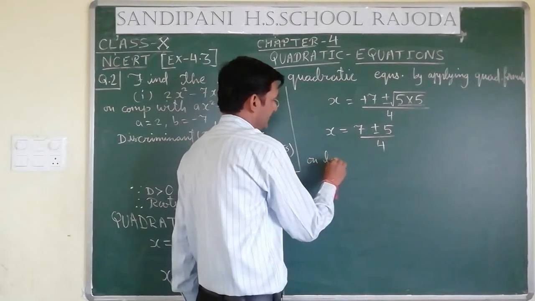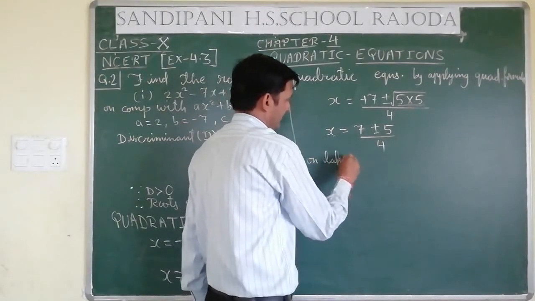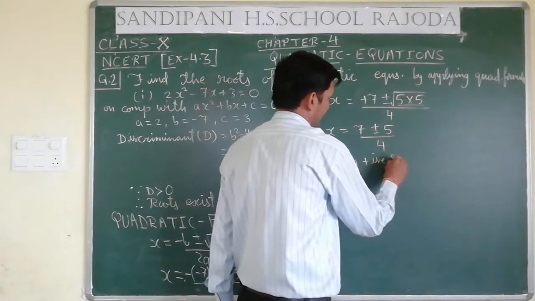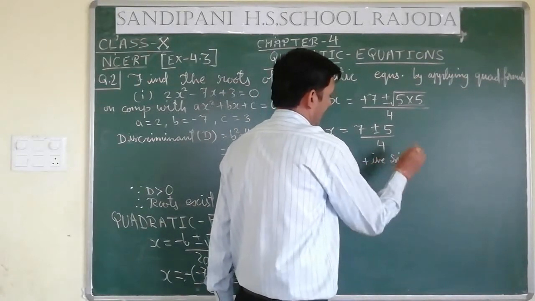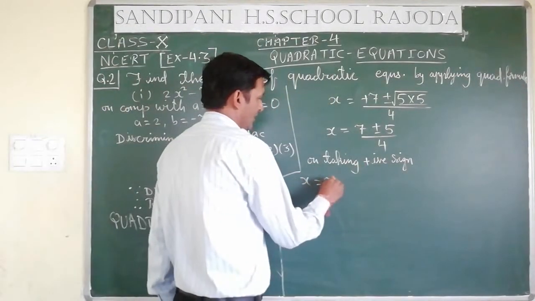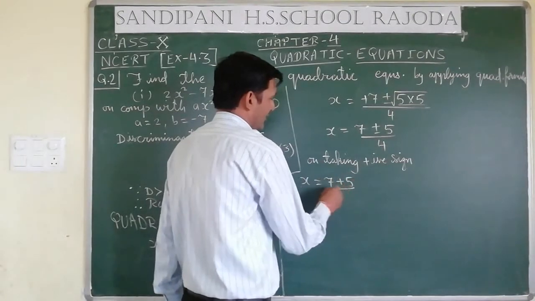On taking the positive sign, this will become x is equal to 7 plus 5 upon 4.